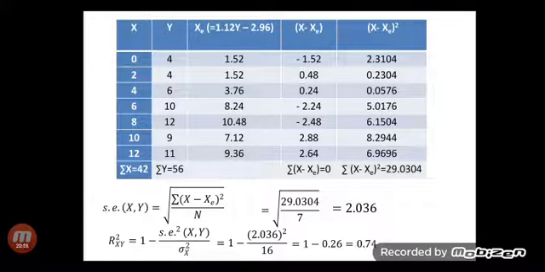We get 1 minus 0.26, that is 0.74. So r square is found as 0.74. That means 74% of the variation of x on y is explained by this information.